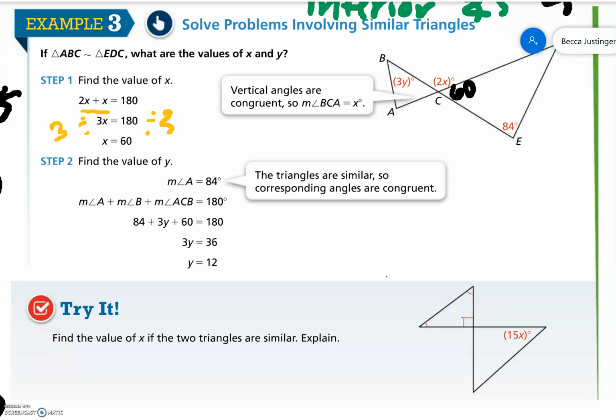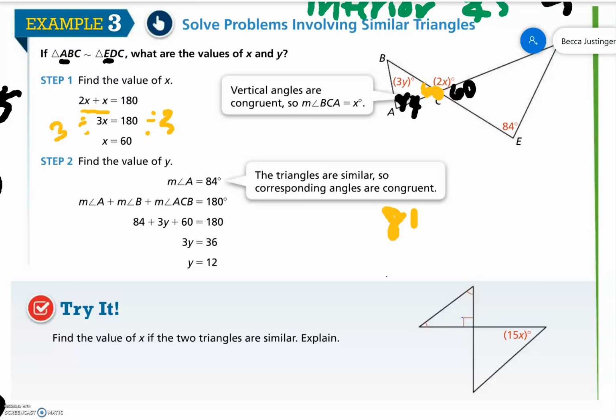And knowing that A is congruent to E, I know that this down here is 84. And the one in the middle has to also be 60 because of vertical angles.